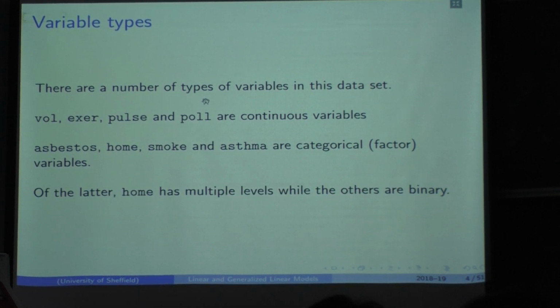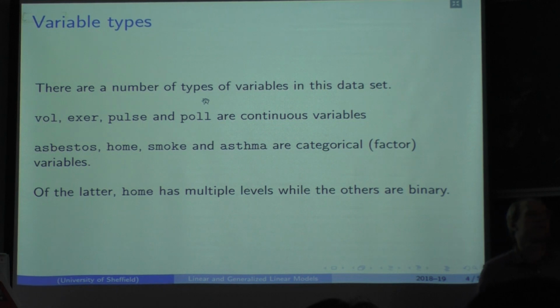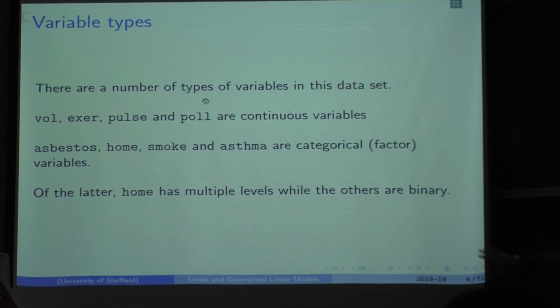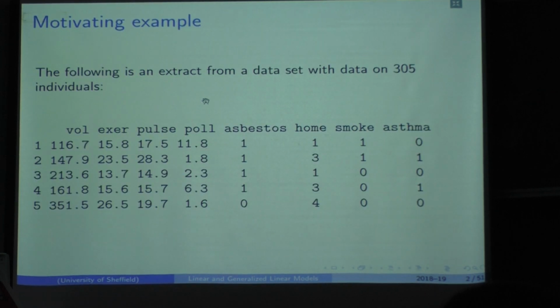Okay, so home had 4 different categories that we were putting the observations into, corresponding to England, Scotland, Wales, and Northern Ireland. And the others just had 2 categories, so they were binary. Okay, so just go back up again and look at the table.